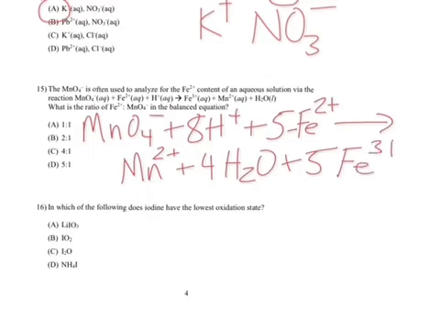Okay, so I'm looking for the ratio of Fe2+ to MnO4-, and that obviously is choice D.